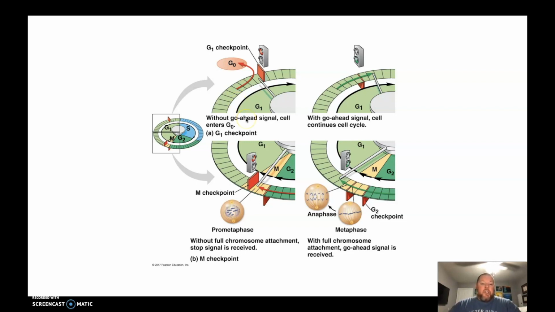And then during the G2 phase, remember, we're going to have the accumulation of the MPF to make sure that we can go through mitosis and cytokinesis. And then we get to our M phase checkpoint. And at this point, we're just making sure that we have all of the kinetochores attached to spindle fibers. If we do, then the cell cycle can continue.